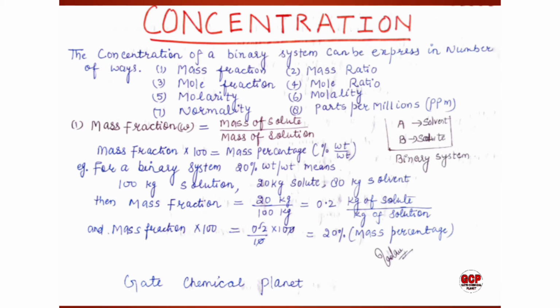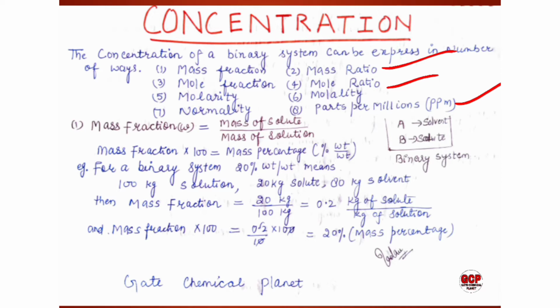The first is the mass fraction, second is the mass ratio, and then mole fraction, mole ratio, molarity, molality, normality, and parts per million, which is also known as ppm. We will discuss all these representations step by step.